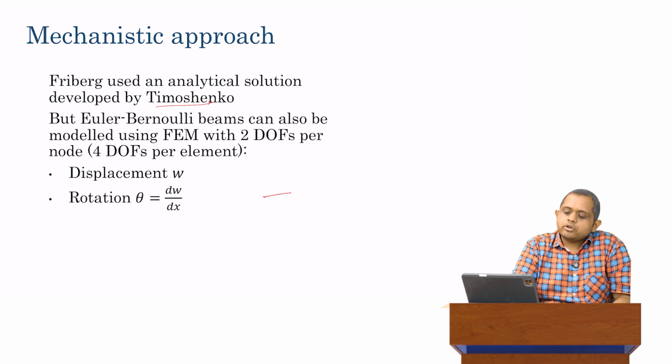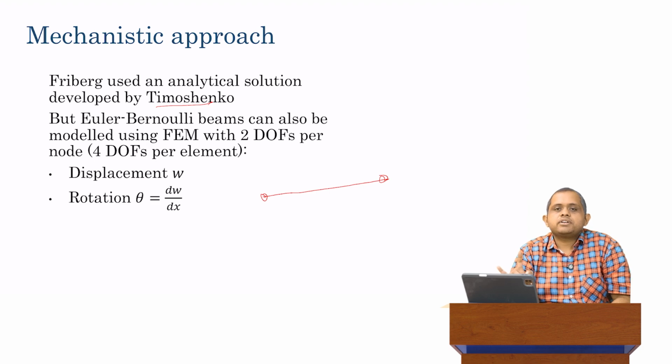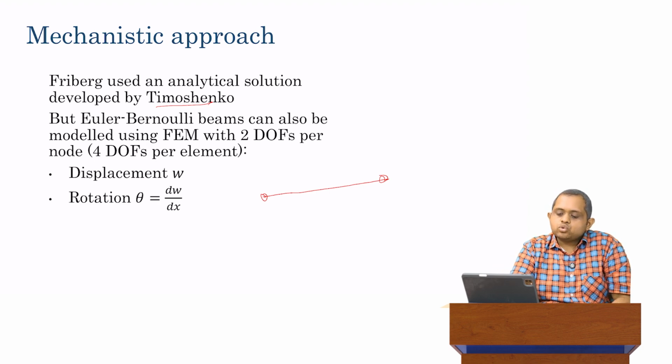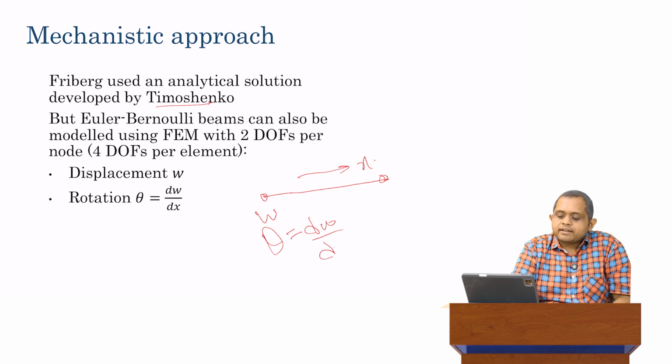The way we assume it is as follows: let's say this is an Euler-Bernoulli beam, and now let's say we have two nodes. So, again we are making that FEM approximation that we are dividing into nodes. We have two nodes and we can then model the degrees of freedom at each node as 2 degrees of freedom, and of course the axis here is the x-axis. Those degrees of freedom are W, the transverse displacement, as well as theta in this case, which is dW over dx.